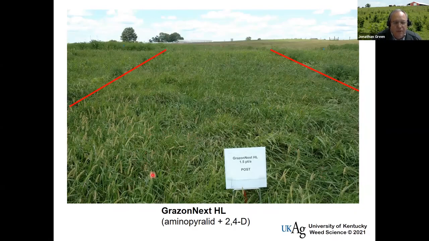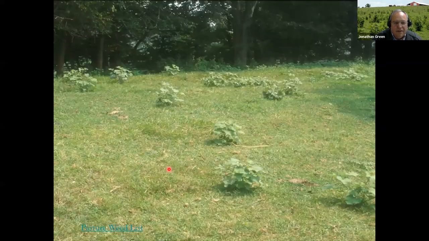So I'm not sure how to resolve that situation, other than we've got to do something to improve the overall stand of the desirable forages in this field to minimize this. But these herbicides are going to target the broadleaf weeds, but it may release some of the weedy grasses as well.